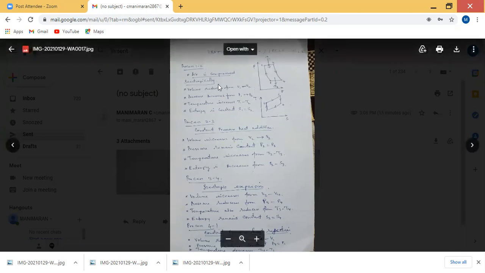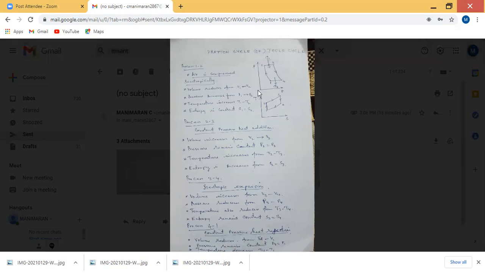In process 1 to 2, air is compressed isentropically. From the PV diagram, we can see that the volume reduces from V1 to V2, whereas the pressure increases from P1 to P2 as it is isentropically compressed.